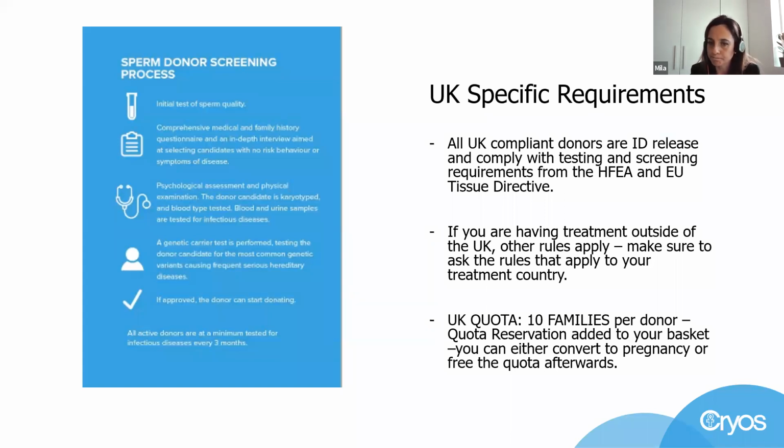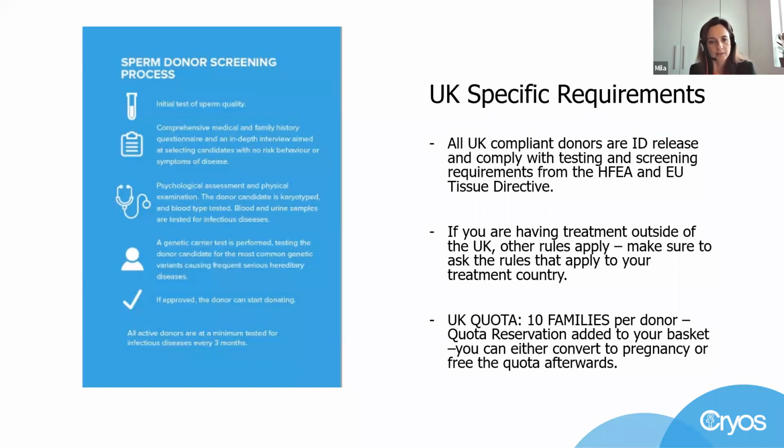In the UK, 10 families can use the same donor, and no more than 10 families. And to control for this, we will add a quota reservation, it's called, on your order. And that is your right to be one of those 10 families using that one donor.